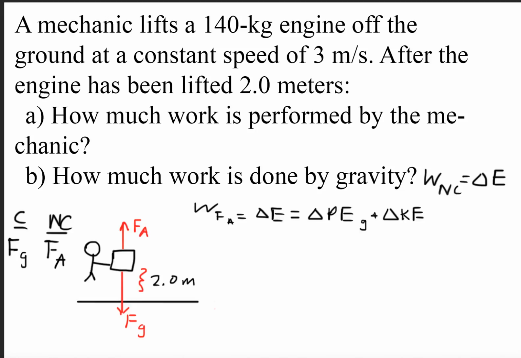Now let's look at the statement for a brief moment. It said a constant speed of 3 meters per second. This means that the initial speed was 3 meters per second, and the final speed was 3 meters per second.